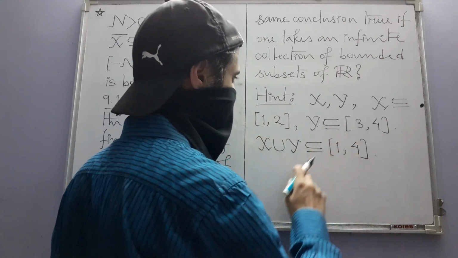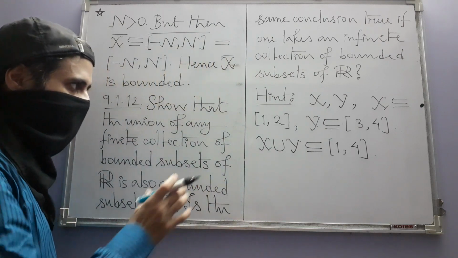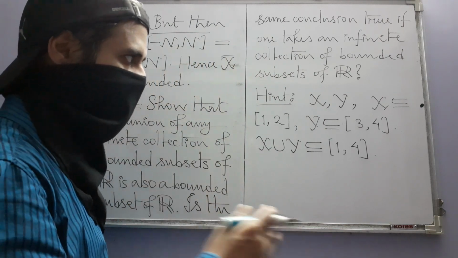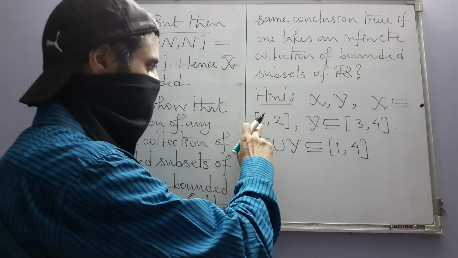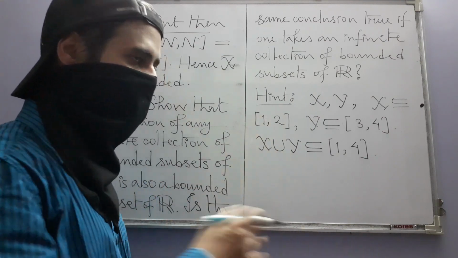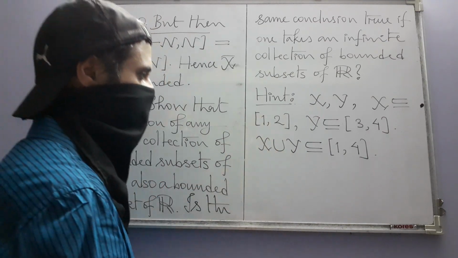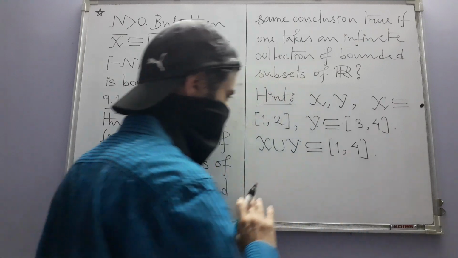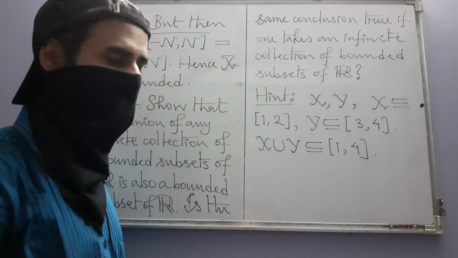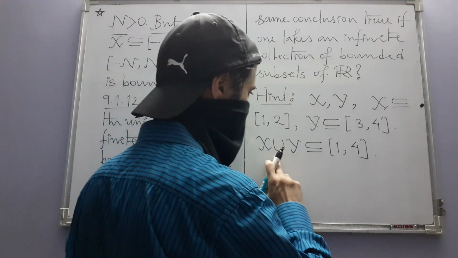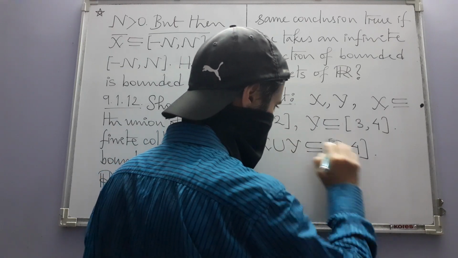Now these intervals of course can change, their positions can change, their sizes can change, the endpoints may be negative, positive, many things can happen. And from among those many cases, you have to somehow come up with this.